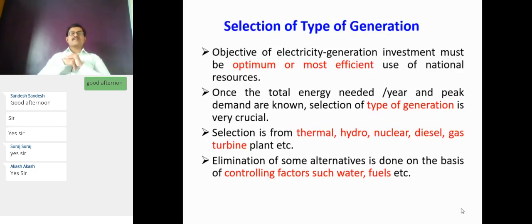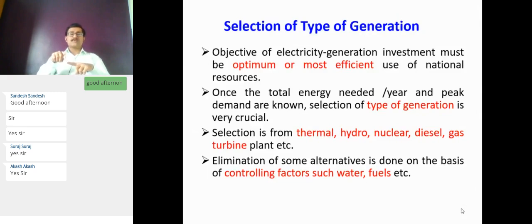Now, the total energy generated per year, it means the number of billion units which are supposed to be generated per year to satisfy the needs of different consumers, and the peak demand must be met. Peak demand is nothing but the maximum demand, the maximum load which is likely to be taken by a particular consumer. So once these two parameters are determined, it means we know the maximum demand throughout the year.